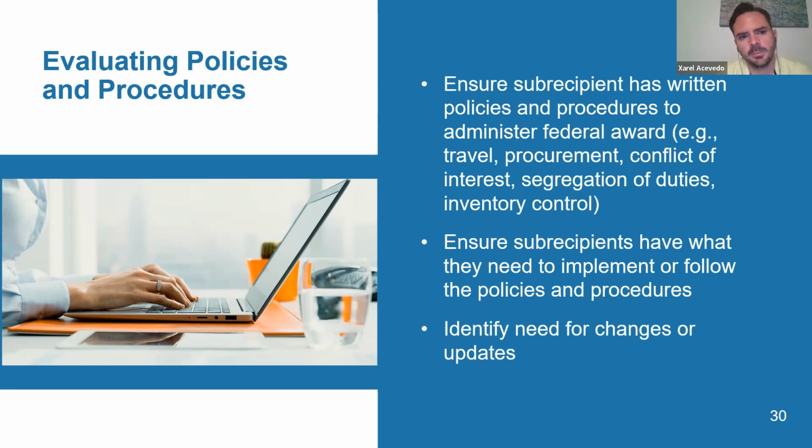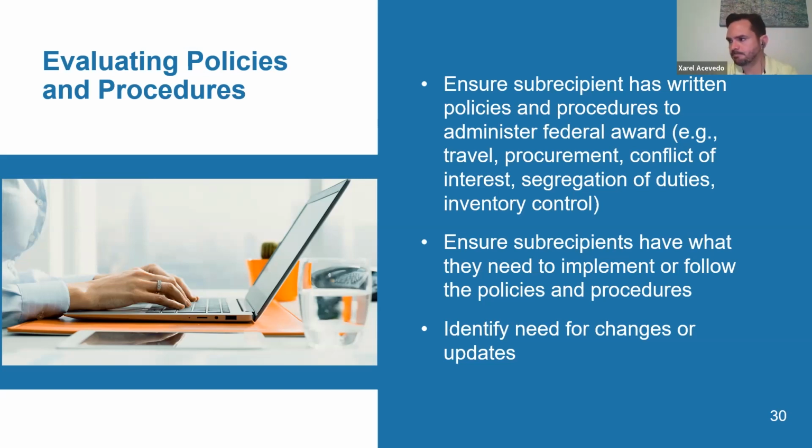All right, evaluating policies and procedures. Okay, ensure subrecipient has written policies and procedures to administer the federal award. If they don't have policies and procedures, you can always use your own as a grantee and/or the federal policies and procedures, okay? Ensure subrecipients have what they need to implement or follow the policies and procedures.